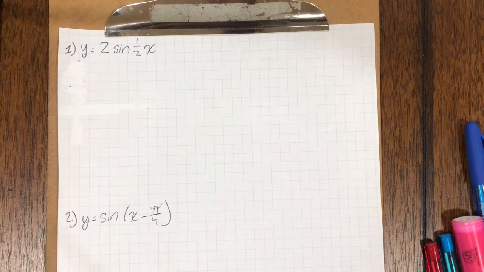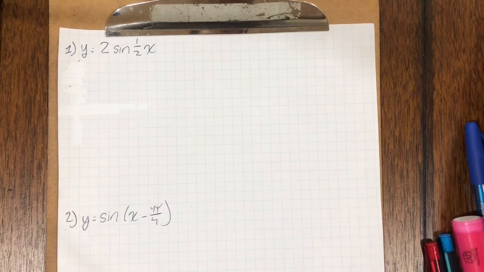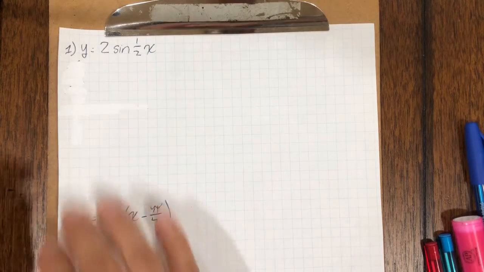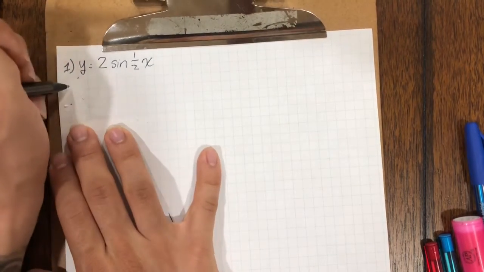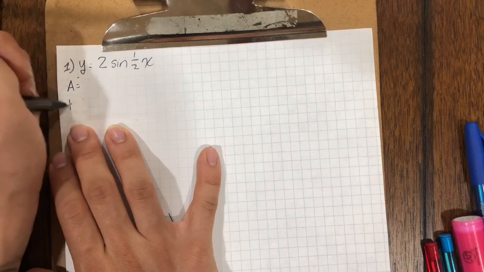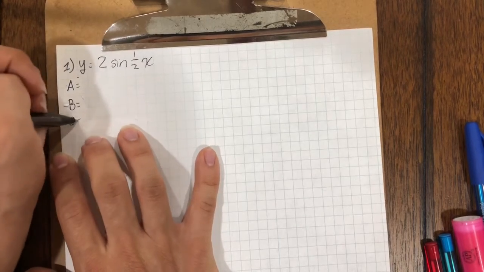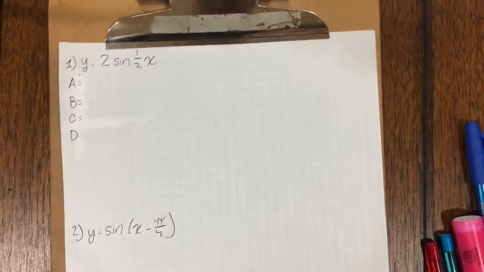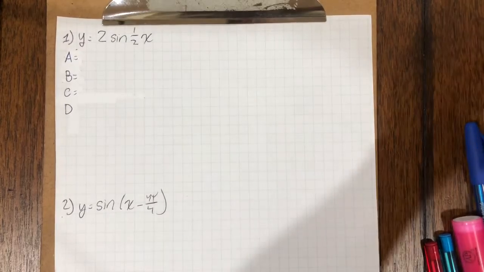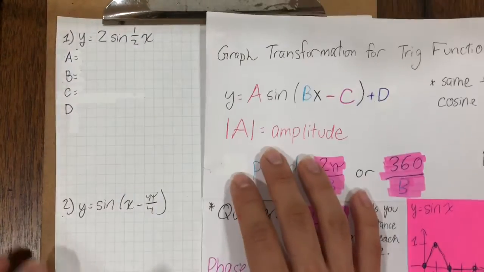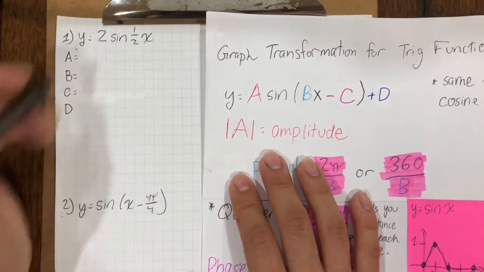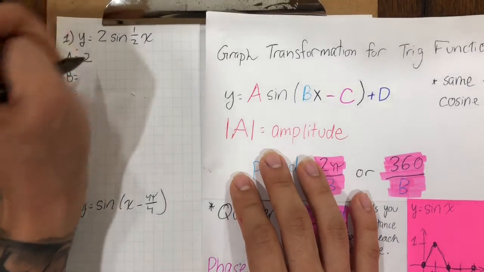So what I'm going to do is label what numbers I have for A, B, C, and or D. Let's start off with A. We have B, we have C, and we have D. If we take a look, we see that 2 is in the same spot as A. So A is going to equal 2.